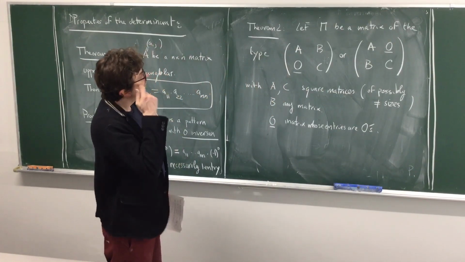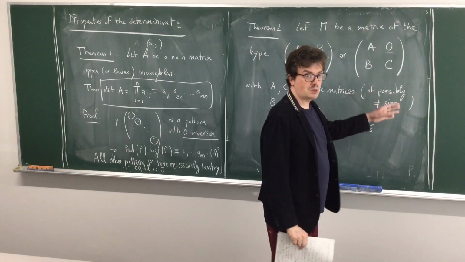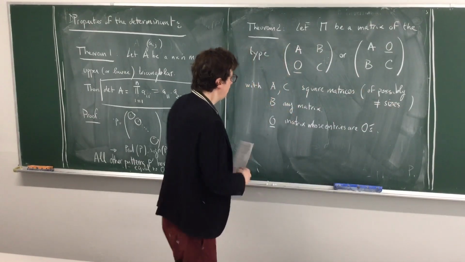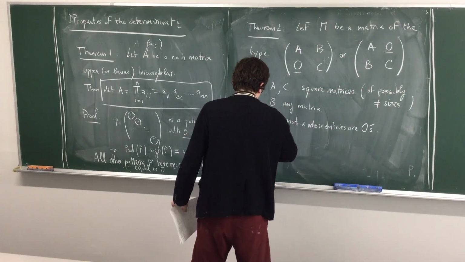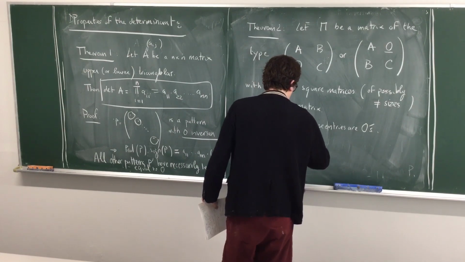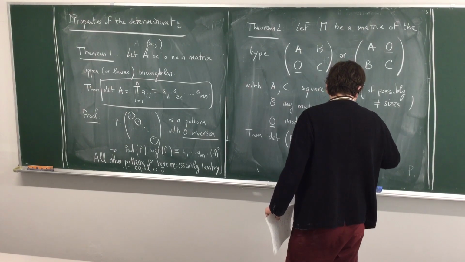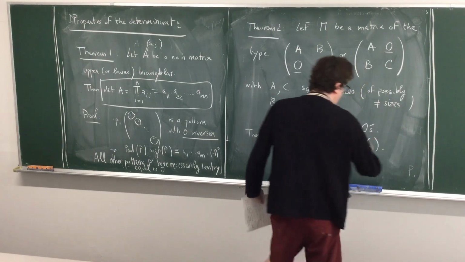So if your matrix is of this type, which is called a block matrix, then the determinant of your matrix M will be the determinant of A times the determinant of C.